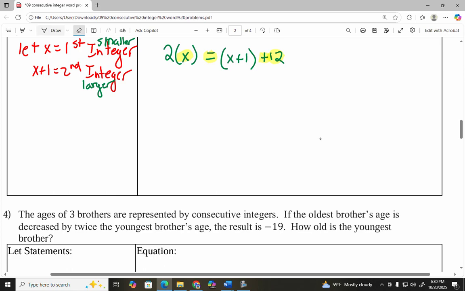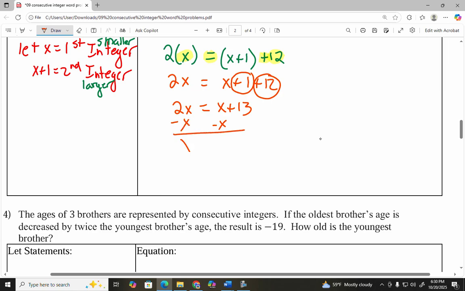And now let's solve this equation. So this is 2x equals x plus 1 plus 12. I just rewrote it without the parentheses. I simplified it. And over here, I want to combine my like terms. And now to solve for x, I want to subtract x from both sides. And I get that x is 13.